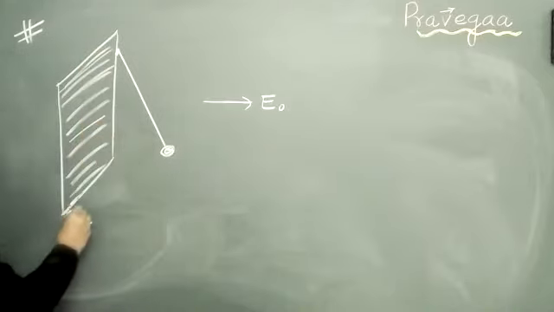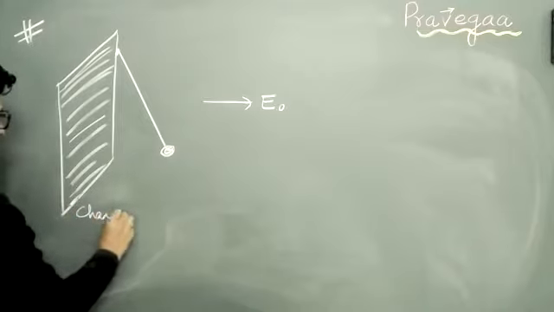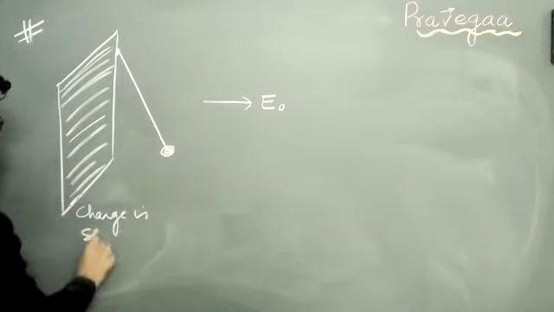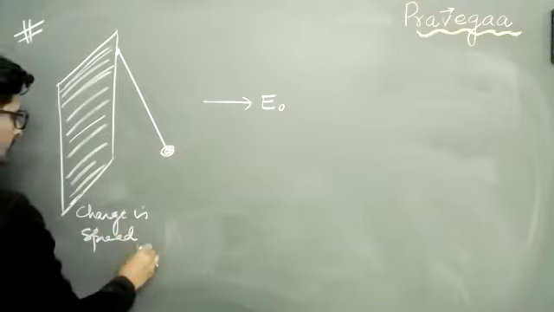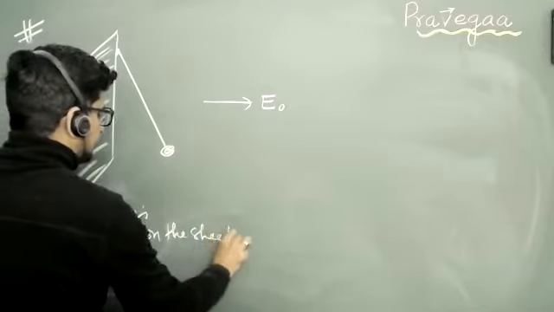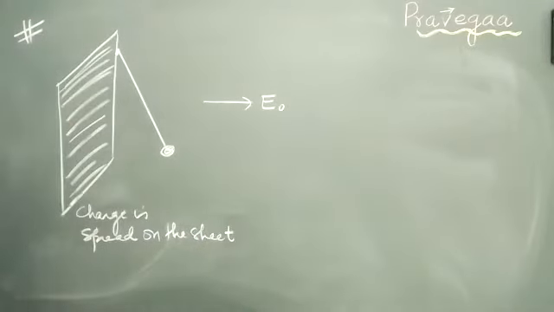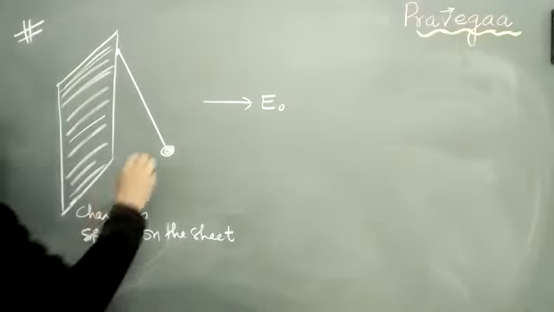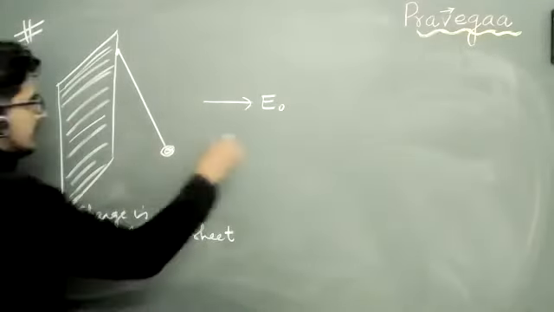So the charge is spread on the sheet, and E naught is a uniform field. What do you mean by that?